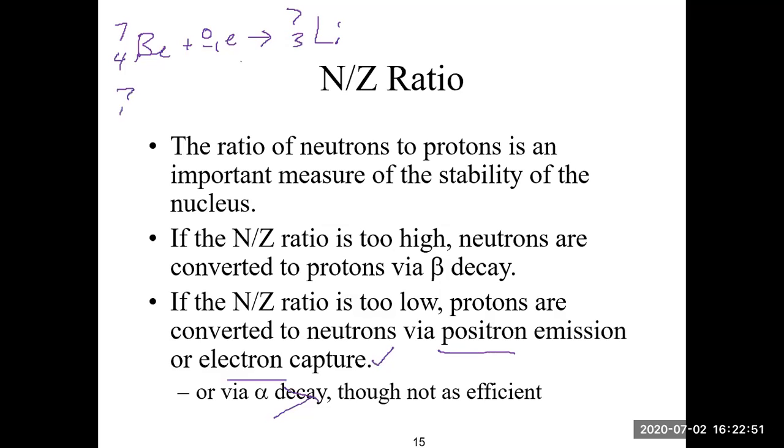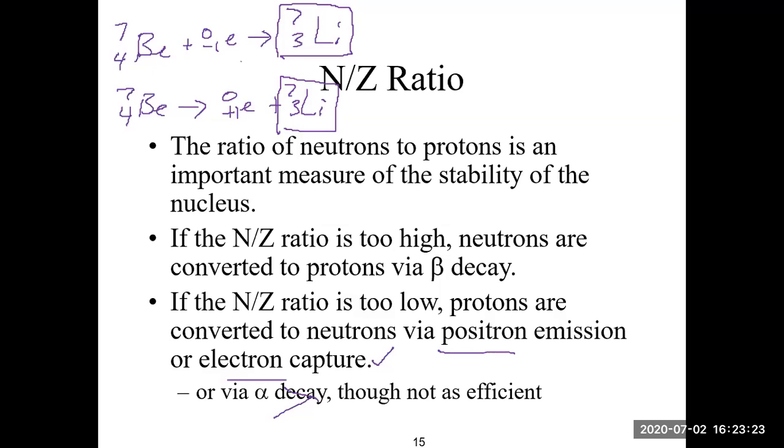If we took our beryllium and went through a positron emission, which would look like this, and if you wrote the balanced equation, what you will see is if you perform an electron capture or a positron emission, you end up with the exact same outcome.